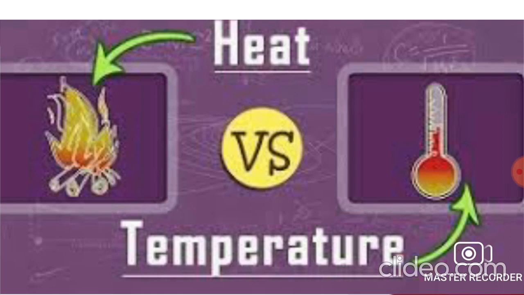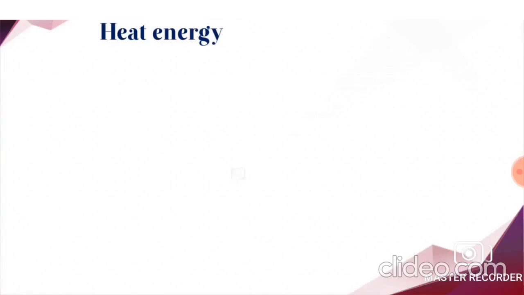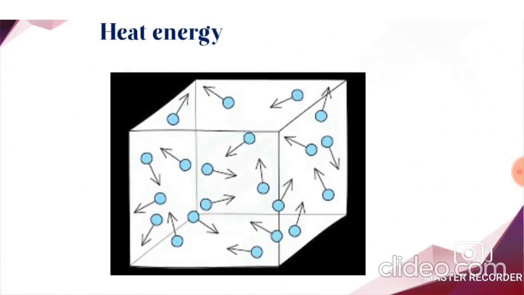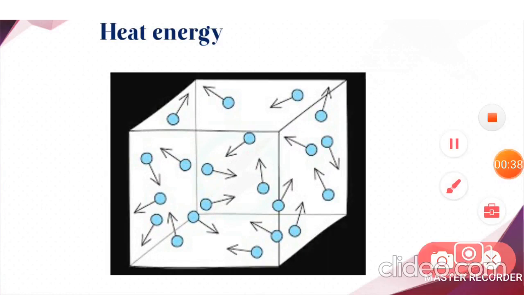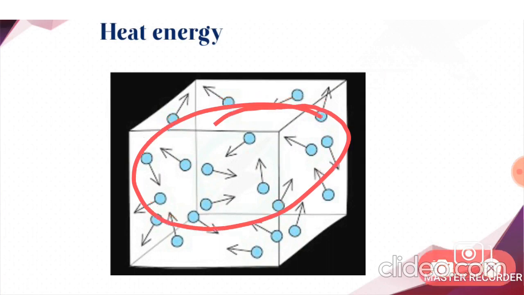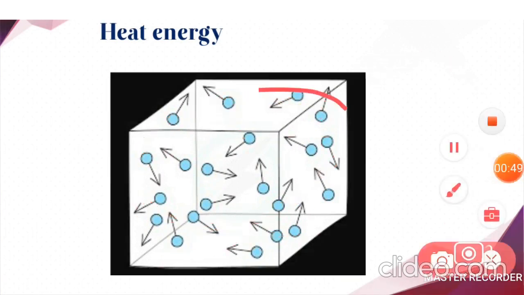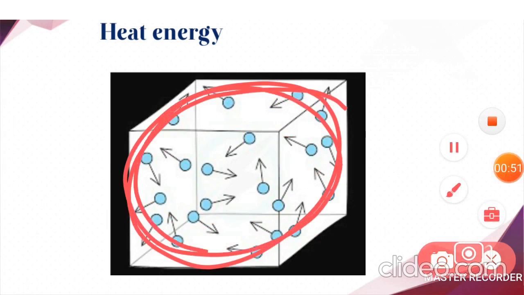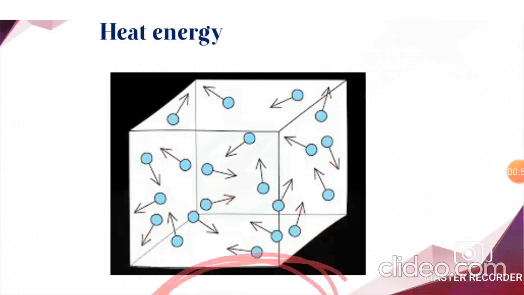The heat energy of all matter is mainly due to the motion of atoms and molecules of the matter. Yes, the heat energy of a body is due to the motion of its constituent particles, that is, atoms and molecules. Just keep it in mind.